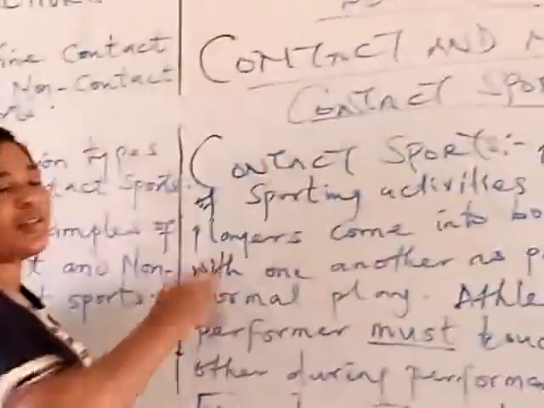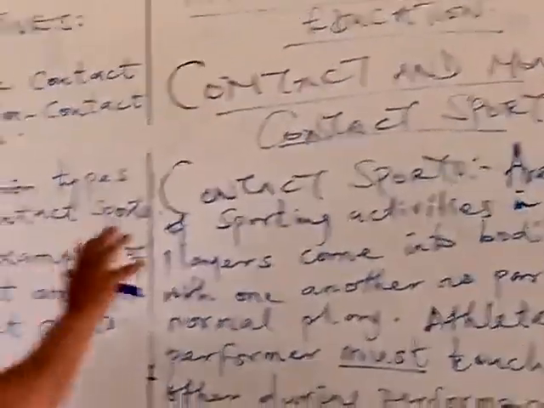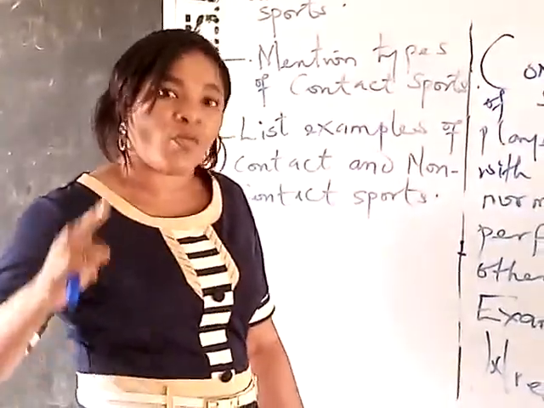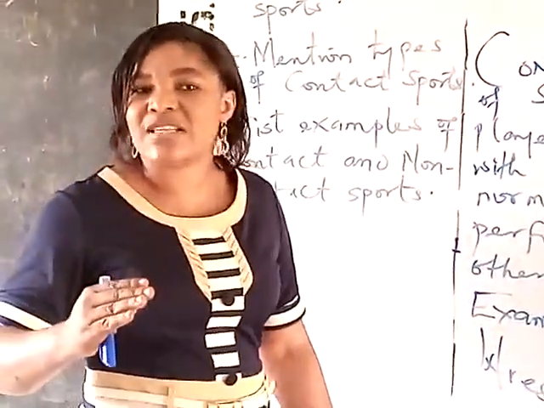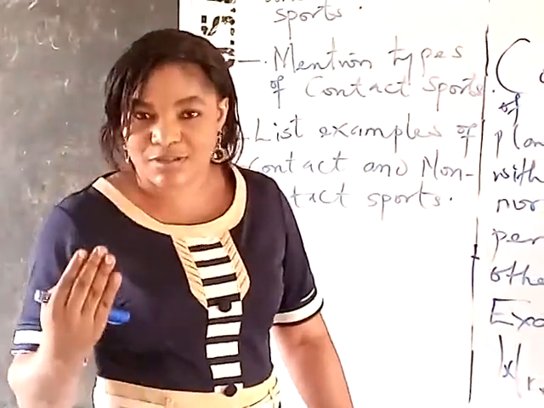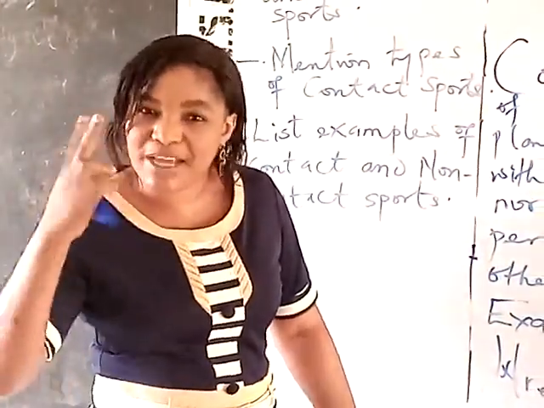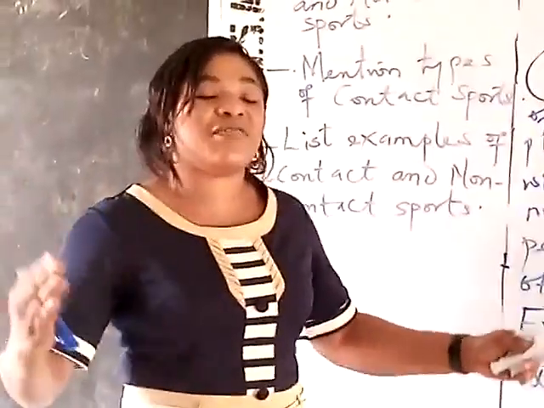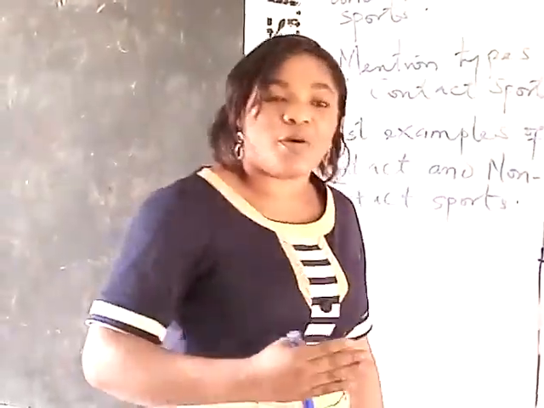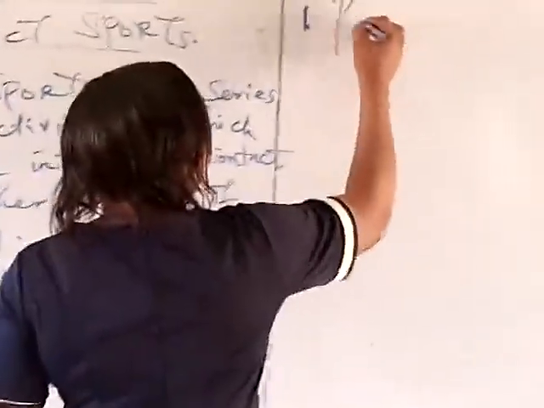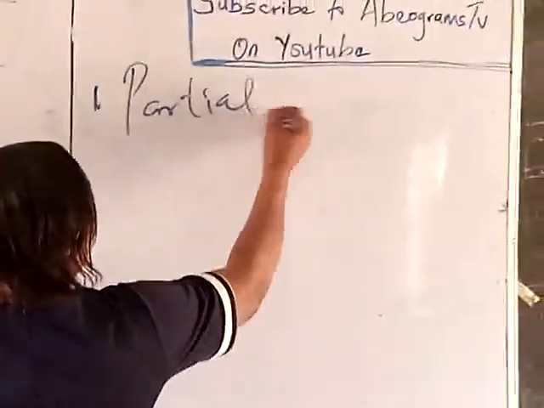In this contact sport, we have two major types of sporting activity that can be grouped under contact sports. We group all the sporting activity under contact sport into two.